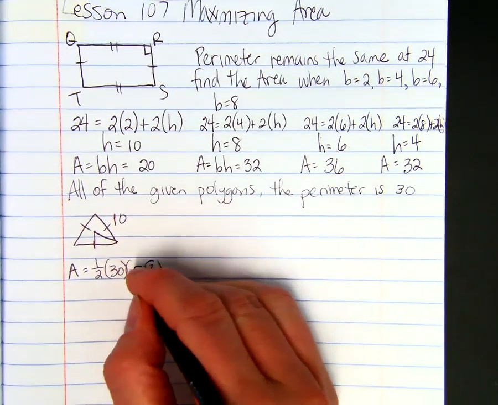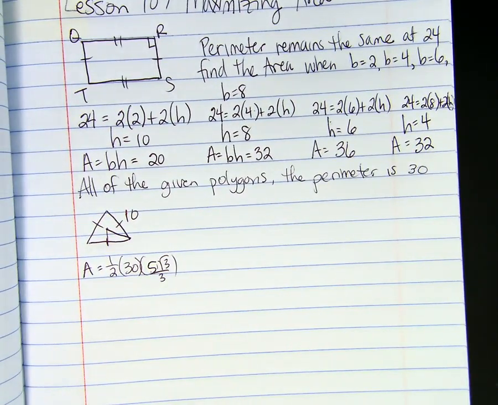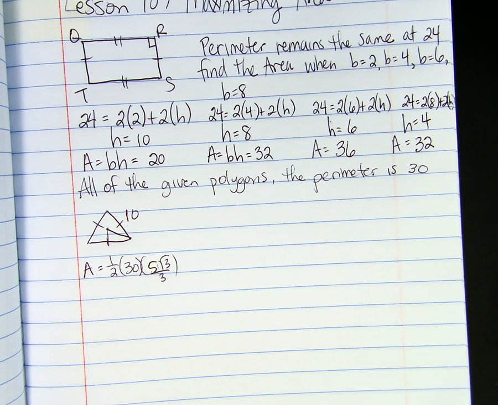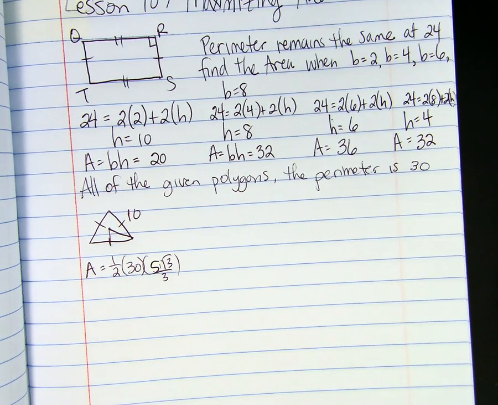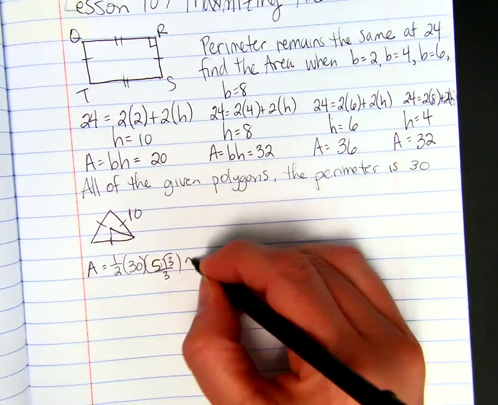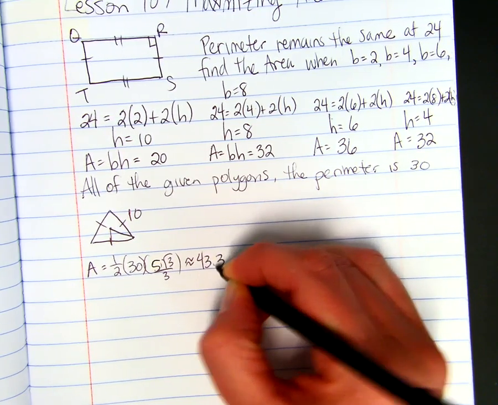Let me just double check the math, because I know what the area is. 15 times 5 divided by 3 times the square root of 3, that's 43.3. Okay, so it's approximately 43.3.